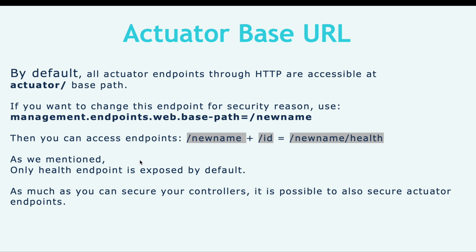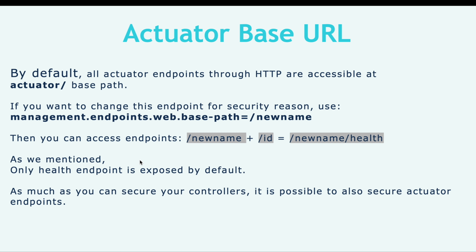Once the new name has been set in the configuration, to access your individual endpoints, you will say /new-name plus the ID, which would be a specific endpoint, could be health in this case, which means if we want to access the health endpoint, we would say /new-name/health.